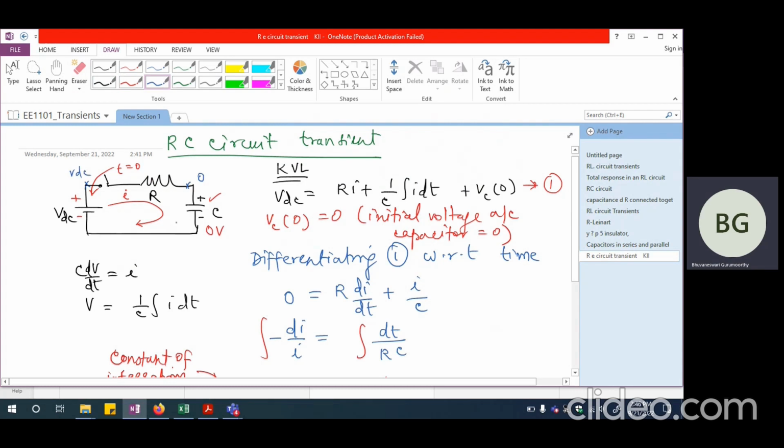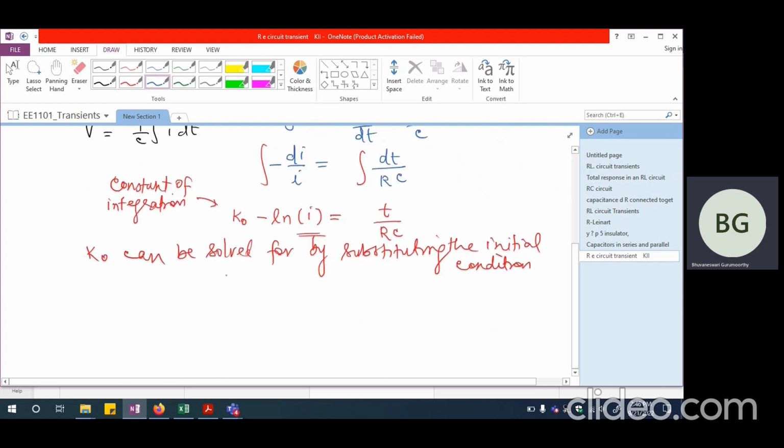So the current that is flowing initially is going to be VDC by R, because that is essentially the potential difference coming across this resistance. So I of 0 is going to be equal to VDC by R.